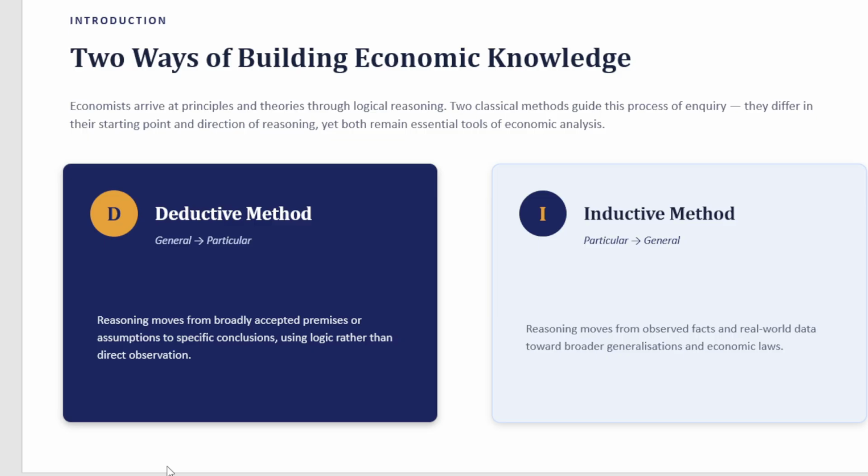The second method is inductive method. In inductive method, we don't use the historical facts or assumptions. We don't take the assumptions. We just use the observations. We just observe the behavior of the students.